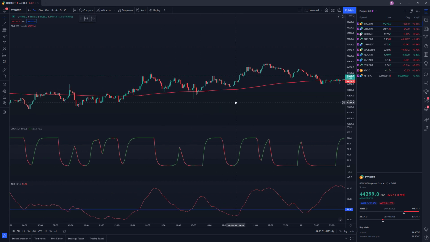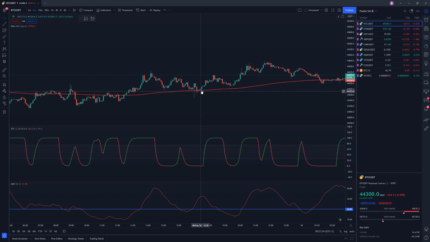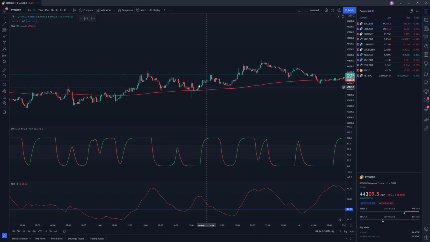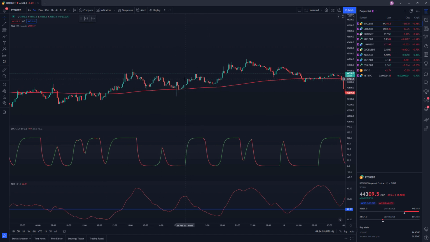So where would we take a long position? Let's look at one up here. We could take one here. It would have stopped us out depending on your stop loss. Last swing low would have saved you, but the other one would be right here. It is above the ADX, the 20 line.